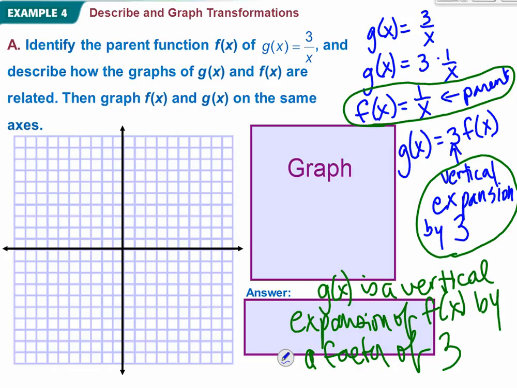And so do you remember what this is going to look like? We get asymptotes because it's 1 over x, so that's the first thing I'm going to do. We get asymptotes on the x-axis and the y-axis. And really, for this one, I just do one key point. Let me just kind of think about this.